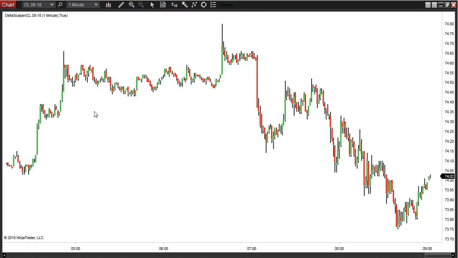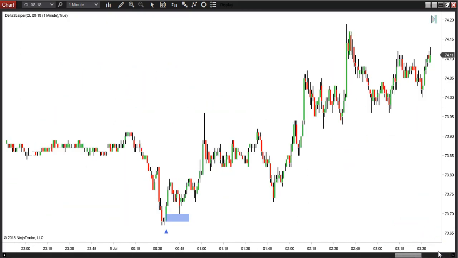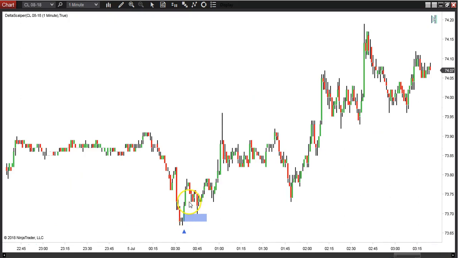So this is crude oil. 1 minute chart. Again, the settings were look back at 25, delta strength of 2 positive and 2 negative. So you can see here you got a little bit of a pop up here. This one failed. That one failed. This morning though, you got this nice winner from the 73, 72 area all the way up to the 90s.